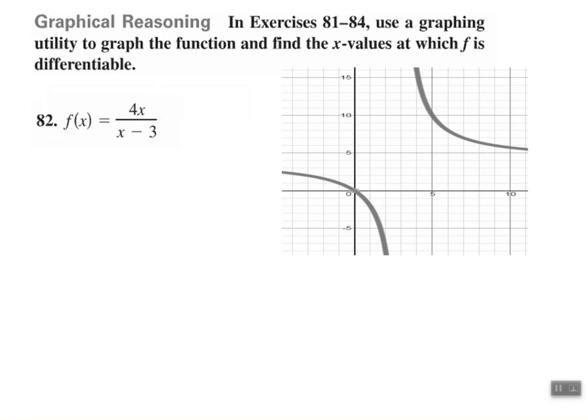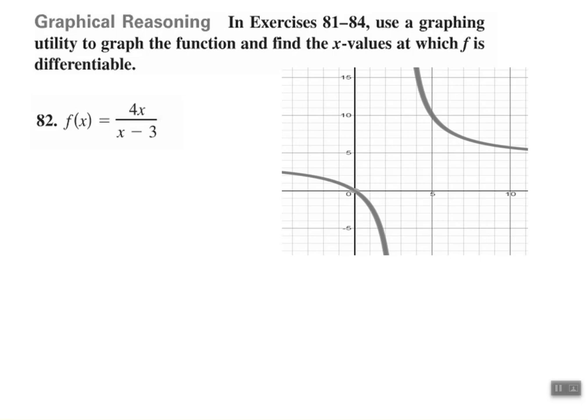All right, the next problem we have is using a graphing utility, and again, you can use desmos.com as your graphing utility to graph the function and find the x values at which f is differentiable. So wherever f is continuous, that's where it's differentiable.